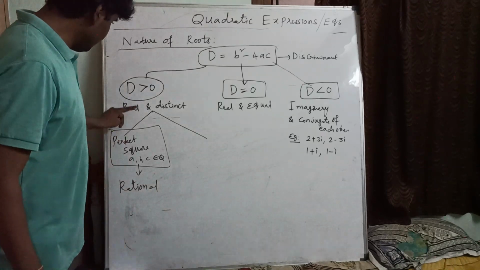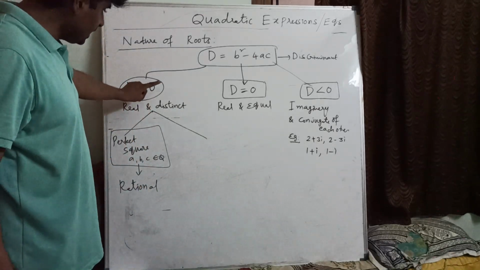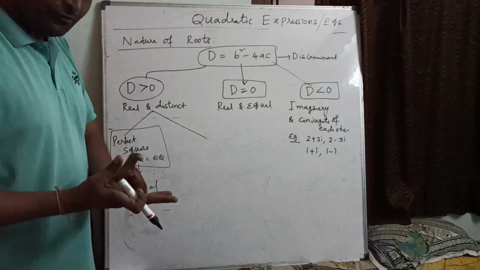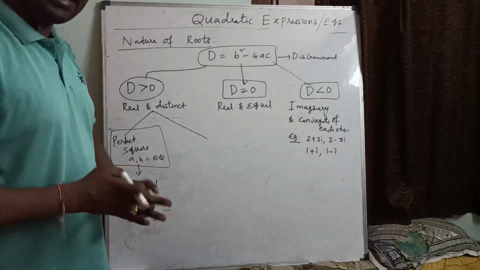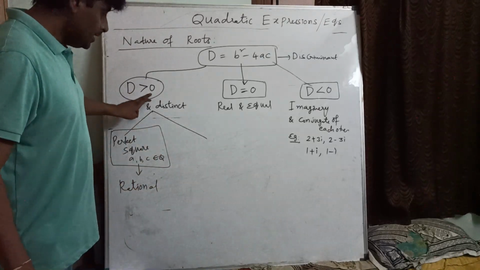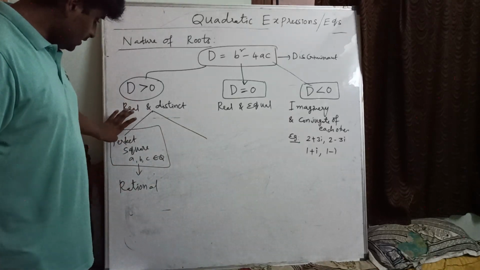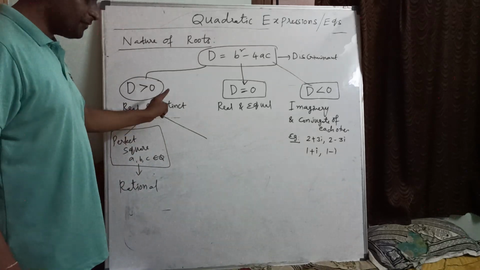So whenever the discriminant is greater than 0 and a perfect square, perfect square means 1, 4, 9, 16, 25, like that, a positive number only, then roots are rational and different.